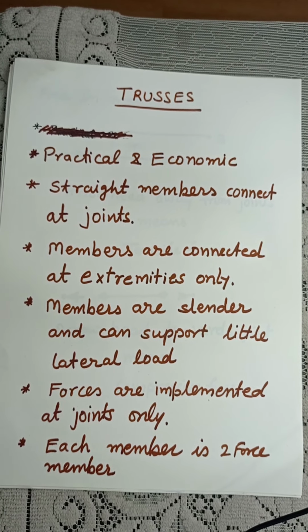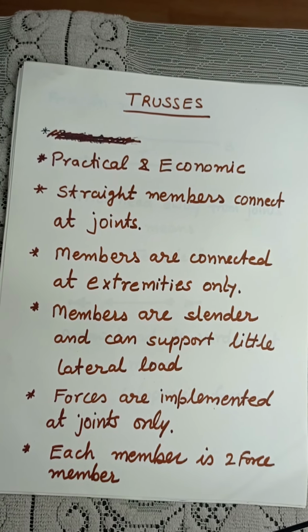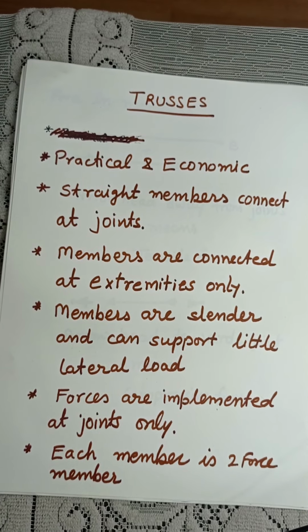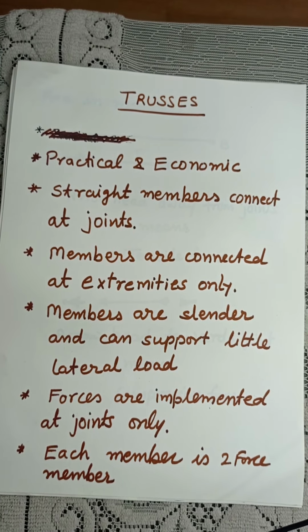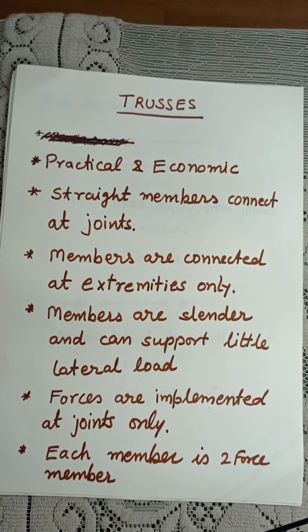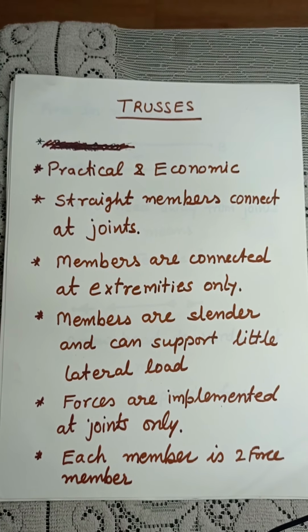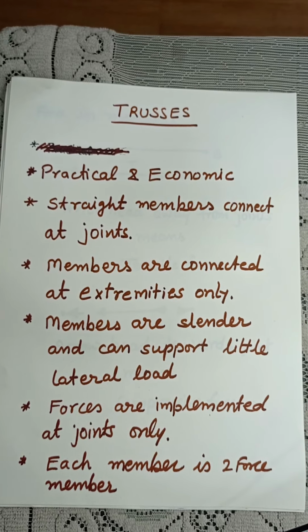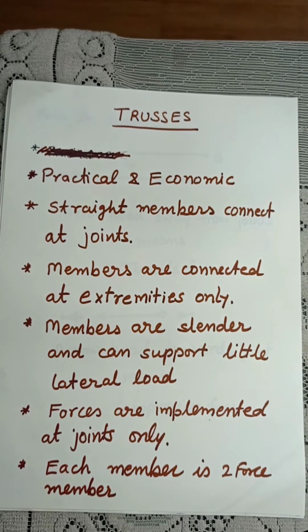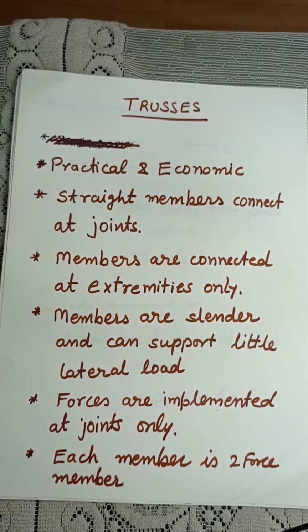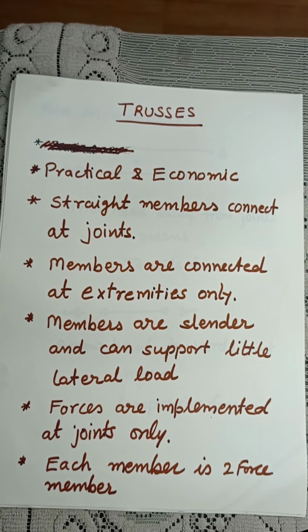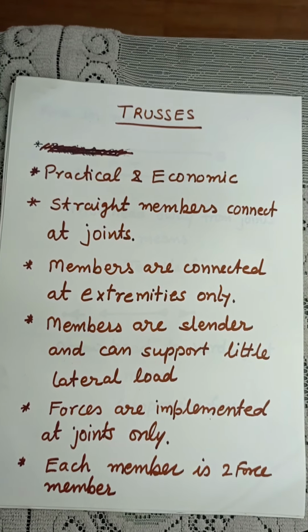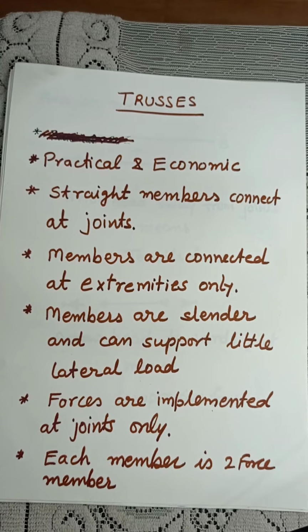Even in some problems, if the weight of the members has been given, then you have to divide it in two portions and pass half of the weight to the right support and half to the left support. Members are not supposed to take any load. There is no load to be applied on members; it is only applied at joints.